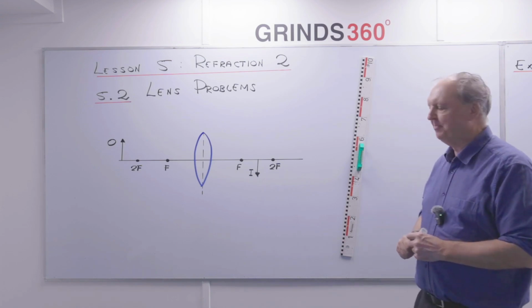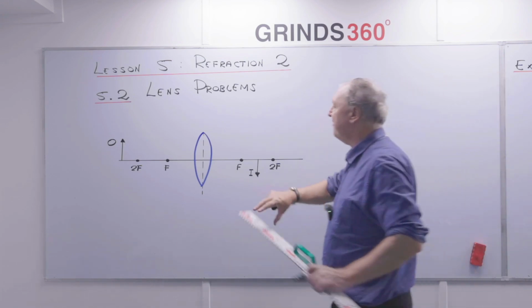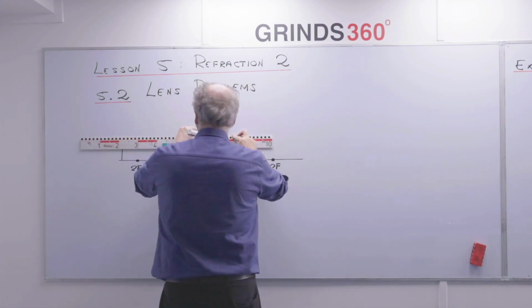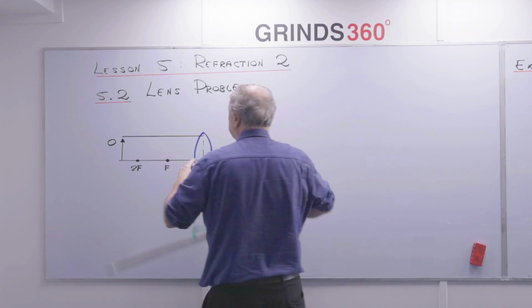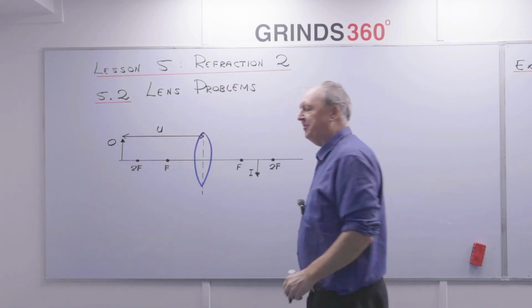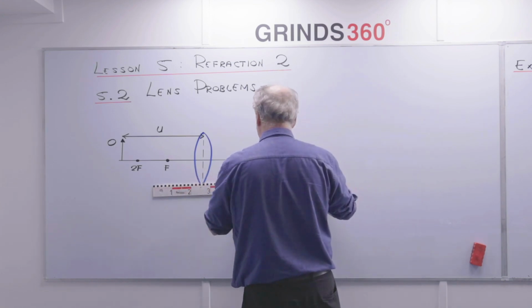I'm going to get a formula. You know that the distance of the object to the lens is called the object distance, and we call that u. The distance of the image to the lens, that's v.